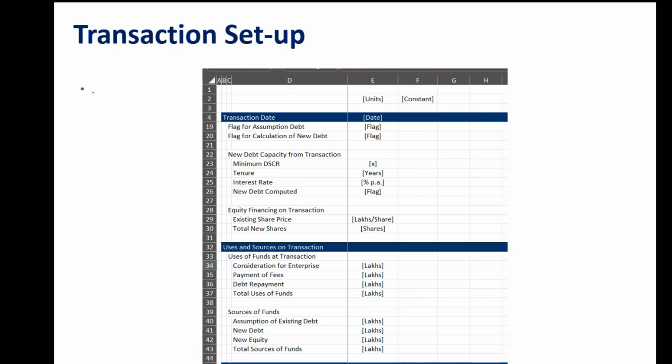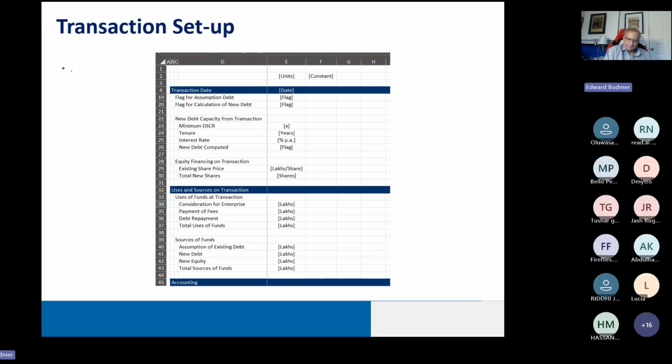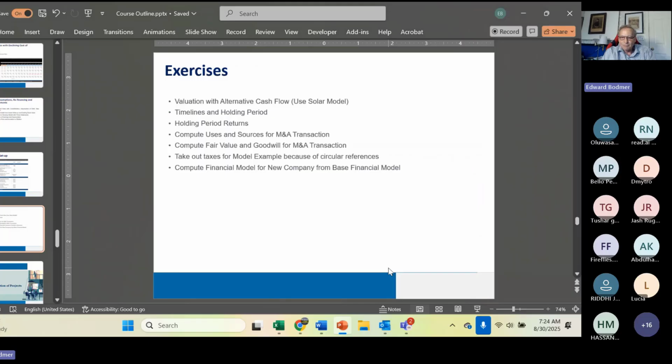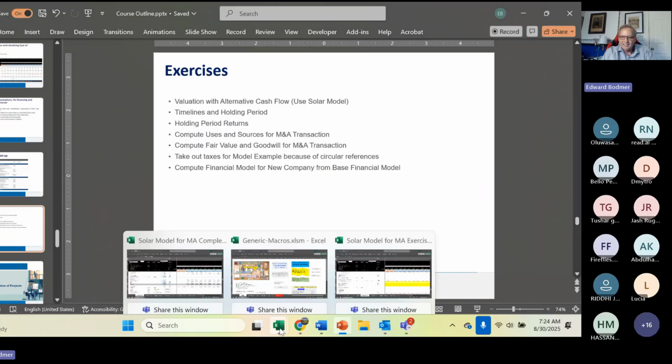We take our valuation and put in our assumptions about how we're going to finance our acquisition, and we're going to make a sources and uses during the transaction.